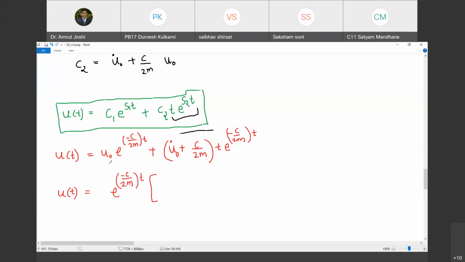If I take this as common, I get u0 here, plus u0 dot plus c upon 2m u0.